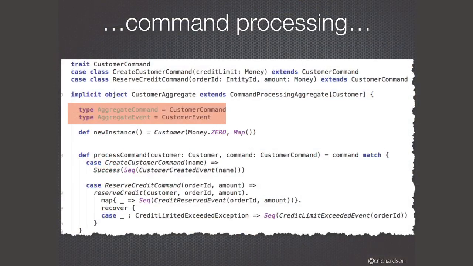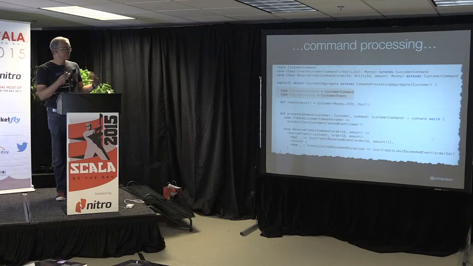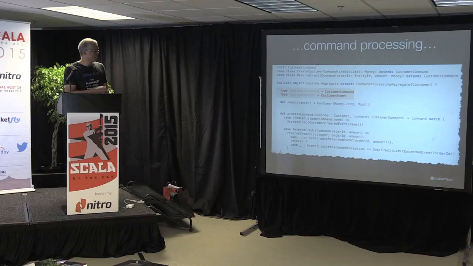And then here is the actual concrete type class object. It's defining the actual types of the command and event, so it's a customer command and a customer event. New instance is just creating a blank customer. And then process command is doing the obvious thing, pattern matching against the command and returning the appropriate event.